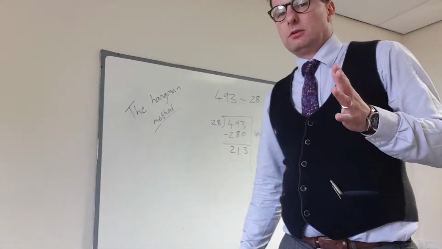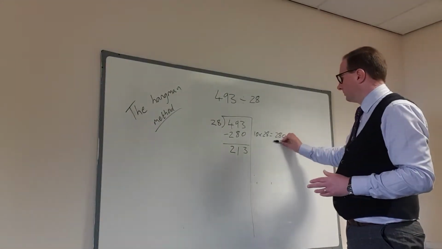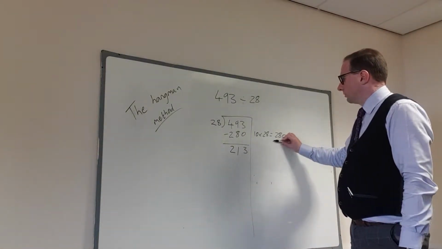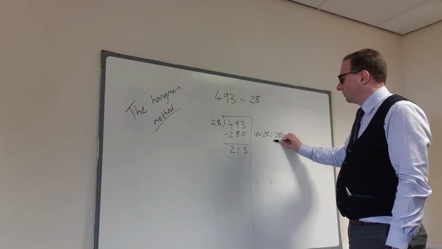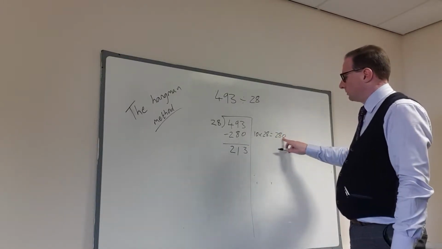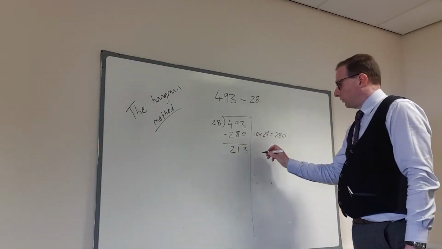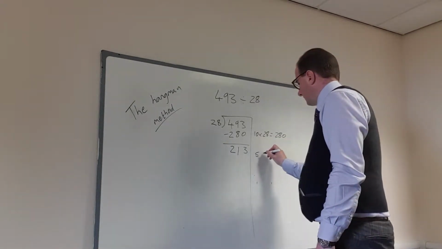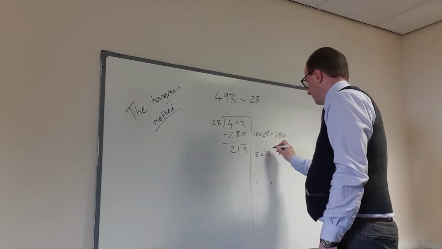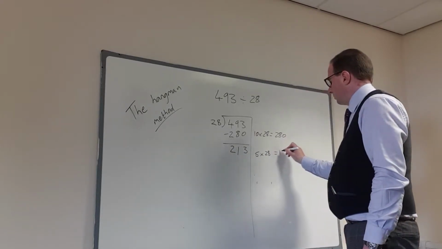Well, if that's 280, then we can look at halving that number and look at how many times it goes into it. So if we look at 5 times 28, what's half of 280? 140.